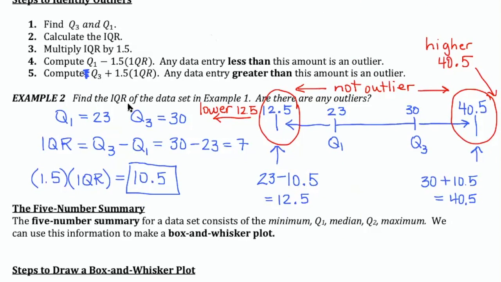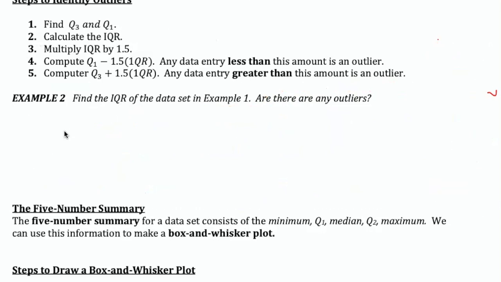So to finish answering the question, we were asked for two things. We were asked to find the IQR and any outliers. So we would report that our IQR was 7, and again, that was gallons per year. Units are always important.